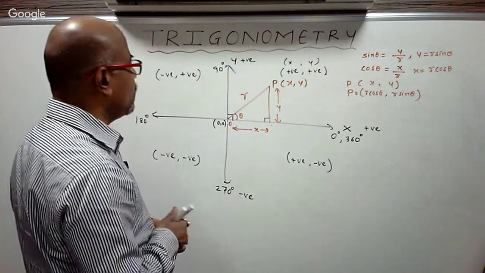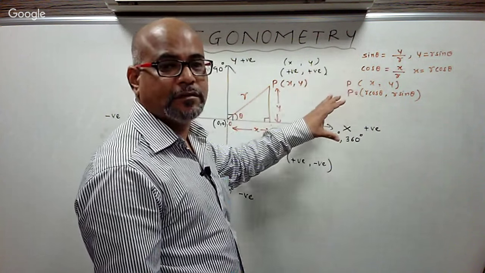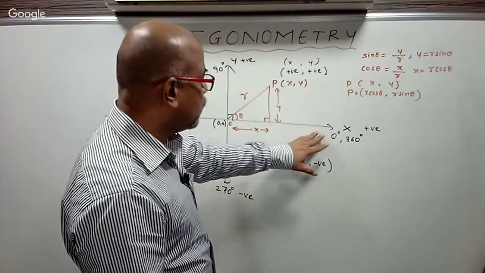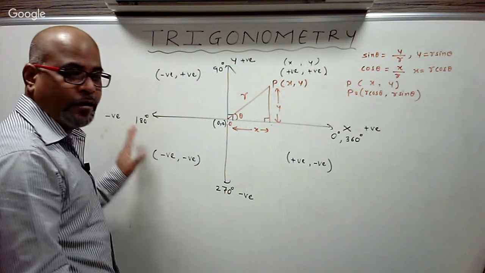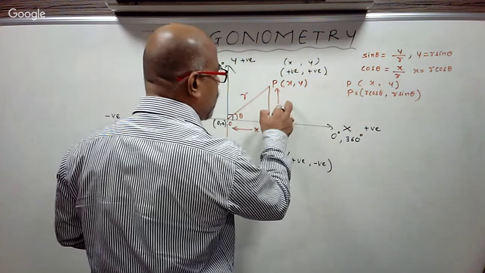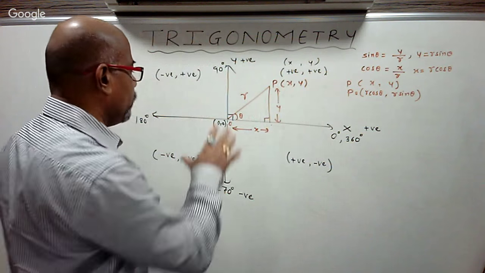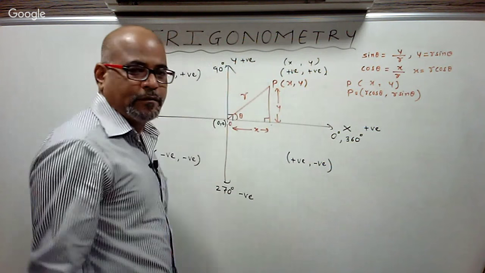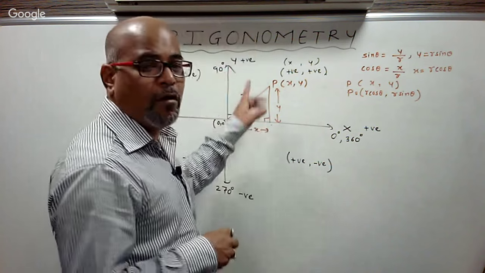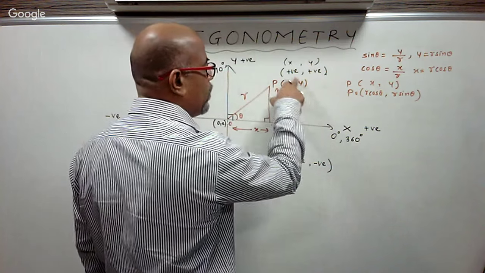Now let us move further. We are going to find the ratios sine, cos, tan, cot, cosec, sec between 0 to 90, then 90 to 180, then 180 to 270 and 270 to 360. Now here we know that in the first quadrant x and y both are positive. We know that r is the length of the hypotenuse, and length is always positive, therefore the value of r always remains positive.